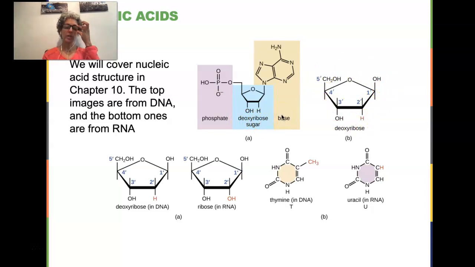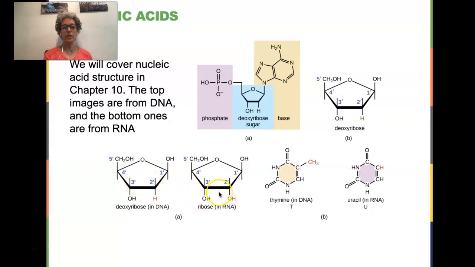The other components of a nucleic acid monomer, there's also some sort of base, meaning a substructure that has nitrogens in it. There's also a phosphate. RNA, in the bottom series of pictures, is ribonucleic acid.